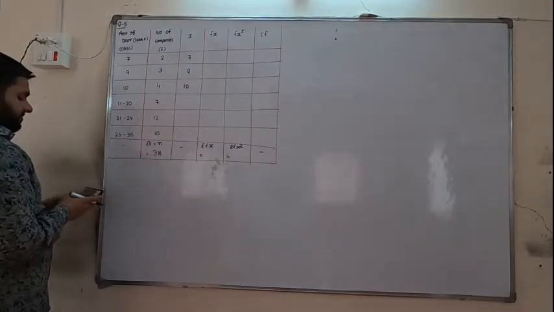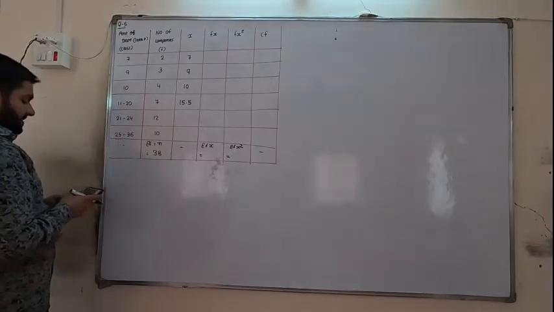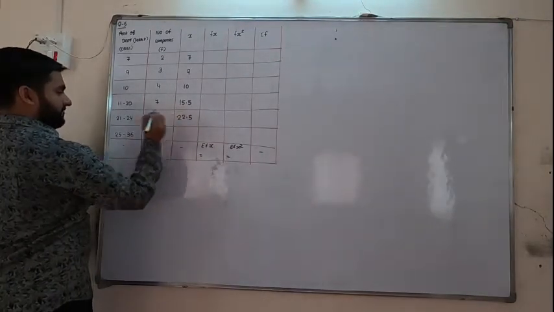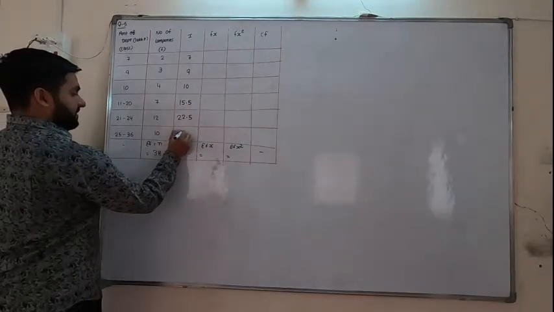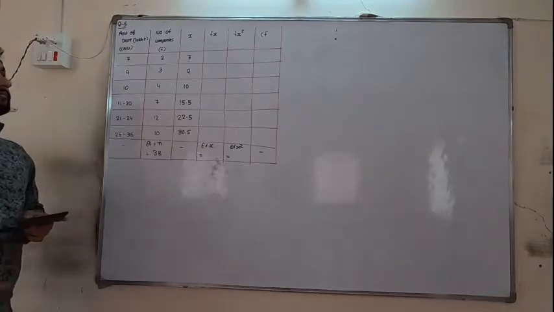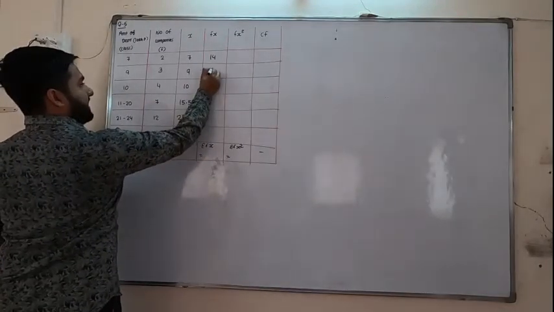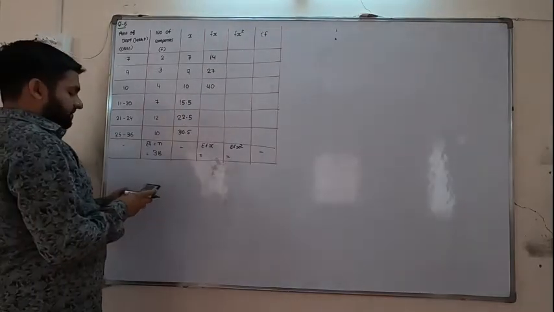Now 11 plus 20 by 2 is 15.5. 21 plus 24 by 2 is 22.5. 25 plus 36 by 2 is 30.5. Now fx. 7 2s are 14, 9 3s are 27, 10 4s are 40.